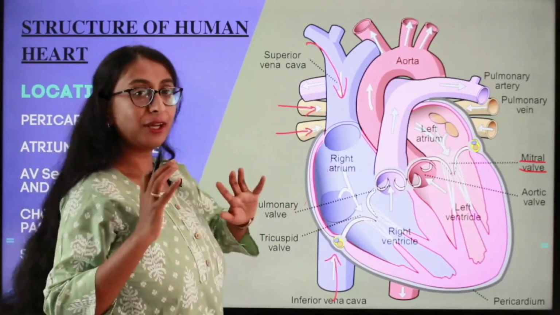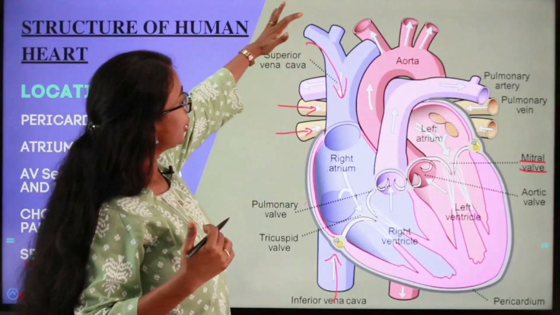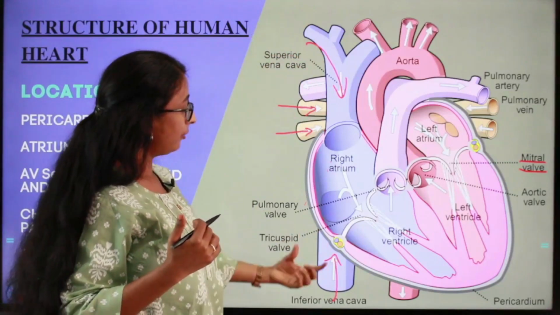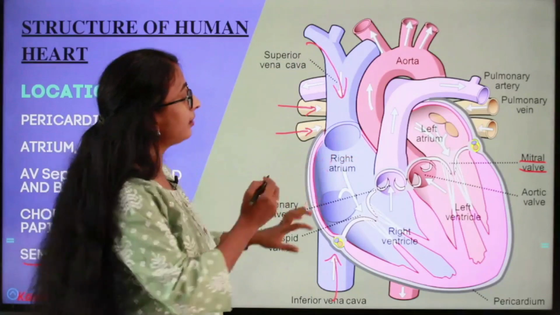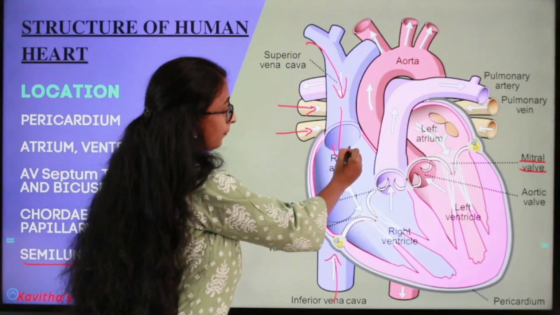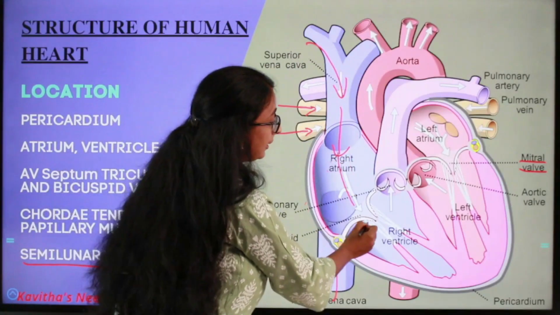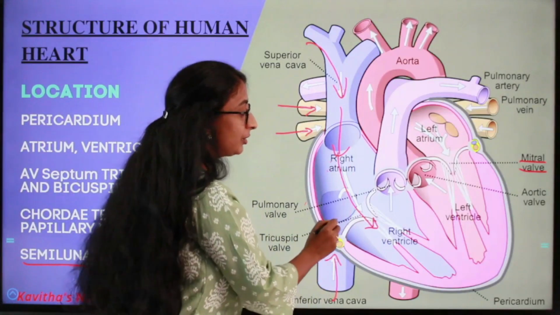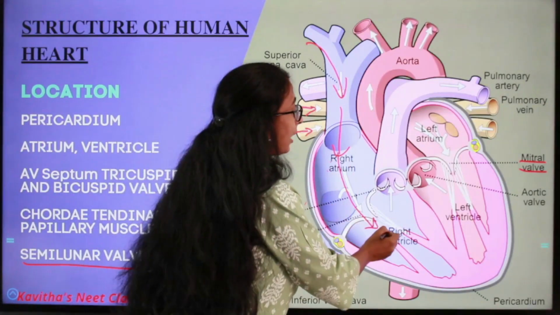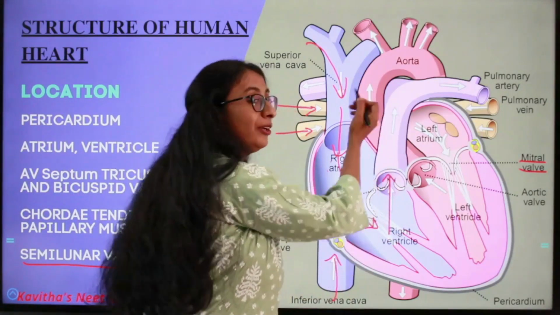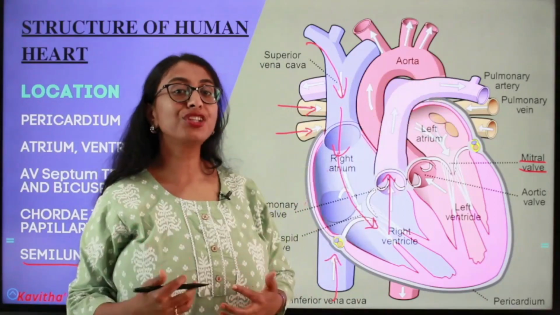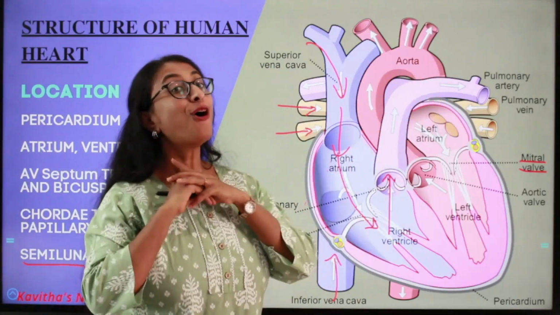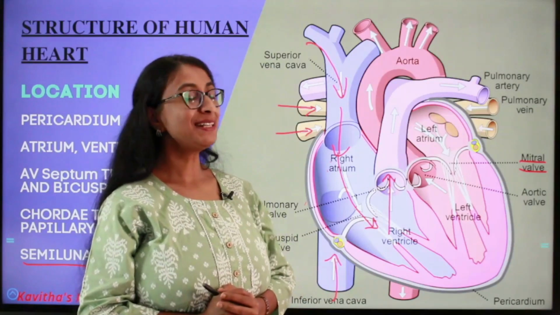As of now, you just understand that deoxygenated blood from the superior vena cava, the inferior vena cava and the coronary sinus enters the right atrium, and from the right atrium it enters the right ventricle from where it is pumped into the pulmonary artery. So from the pulmonary artery it moves to the lungs for oxygenation, isn't it?